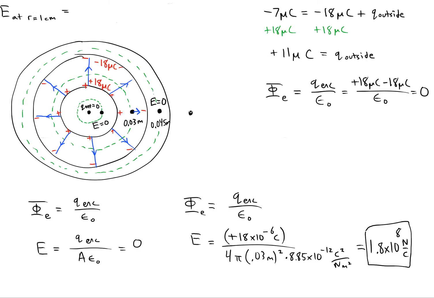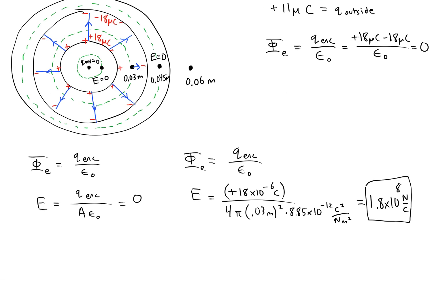Now we can find the electric field outside this whole setup at a radius of 6 centimeters. Okay, for that one, we can create a new Gaussian shell. So this one is at r equals 1 centimeter.